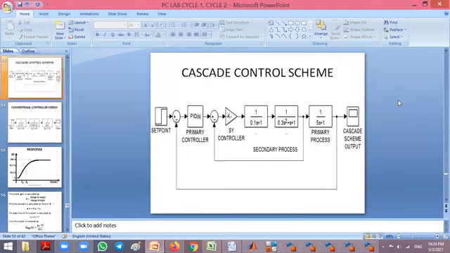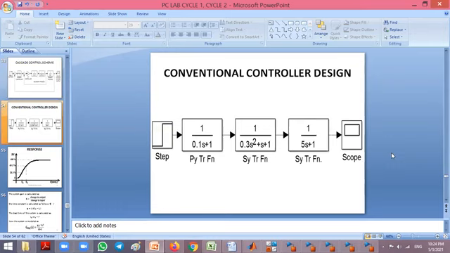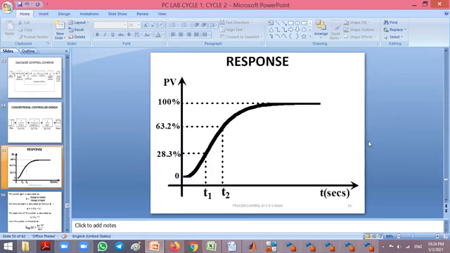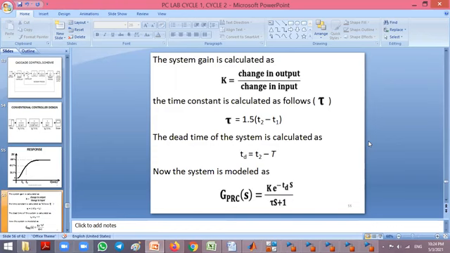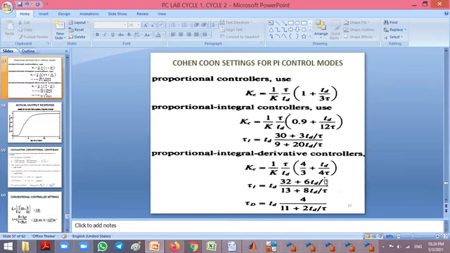For the conventional controller design, I have to merge all the diagrams: primary transfer function and secondary transfer function. You give a step and you will get an S-shaped curve. Again you repeat the same procedure and you will get a transfer function.